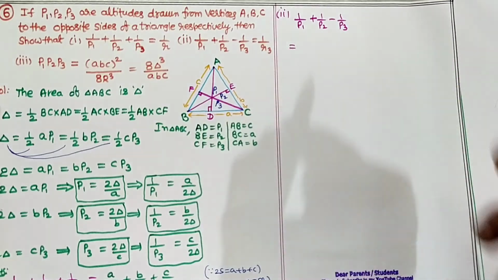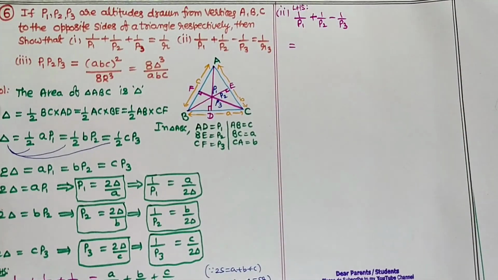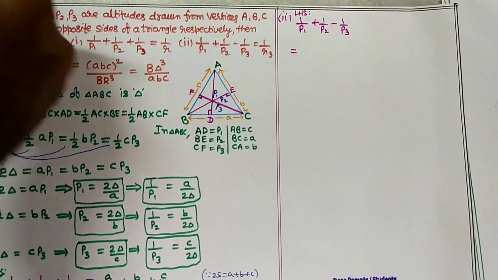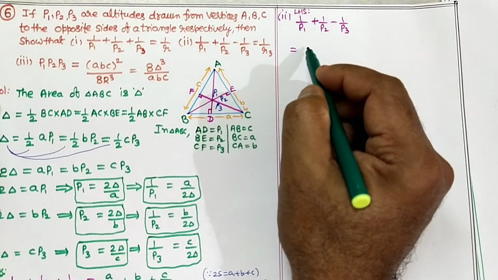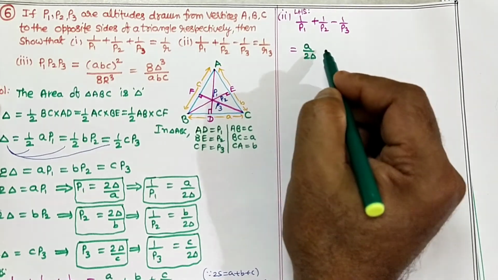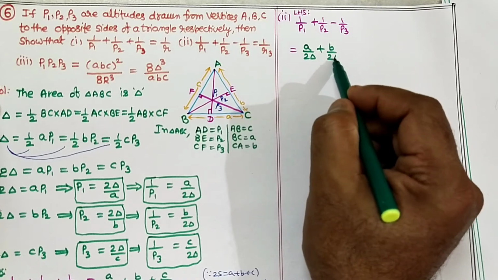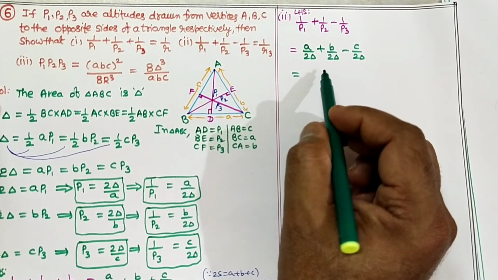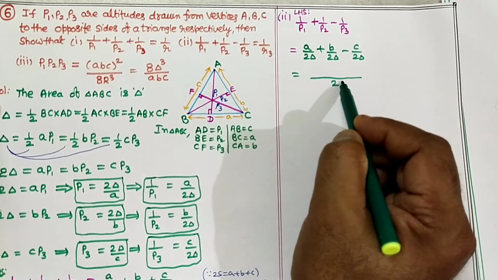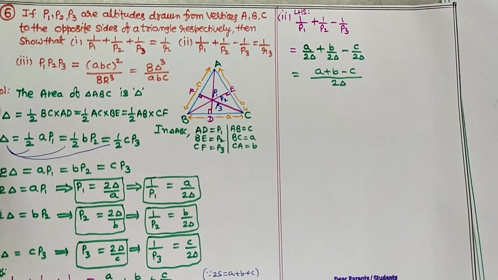That value is equal to, this is LHS in the second problem, 1 by P1 is A by 2 delta plus B by 2 delta minus C by 2 delta. So 2 delta is the LCM: A plus B minus C.